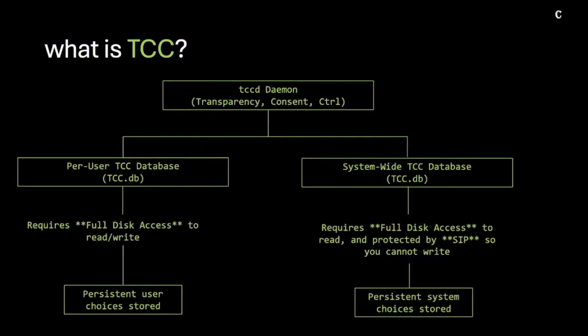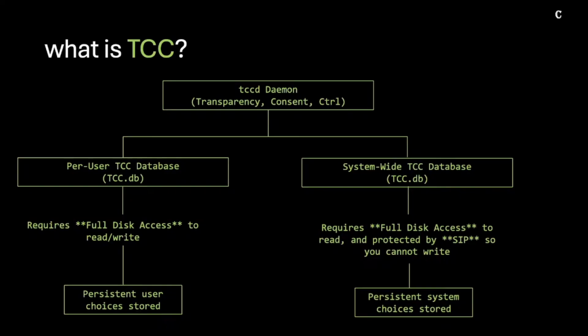All right, and I'm realizing I forgot my notes, but okay, so TCC is controlled by the TCC daemon. So the TCC daemon is what reads and writes from the TCC DB. Now there's two TCC DBs. There is a per user TCC DB as well as a system-wide TCC DB.